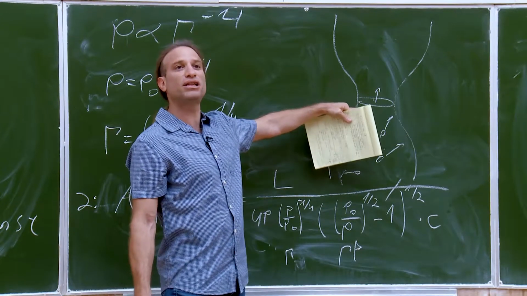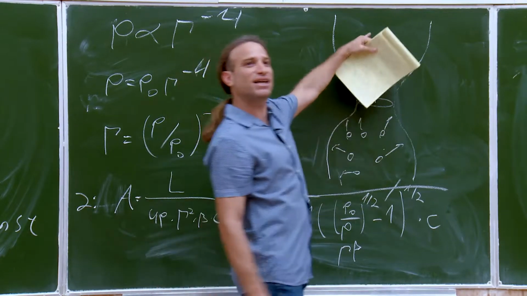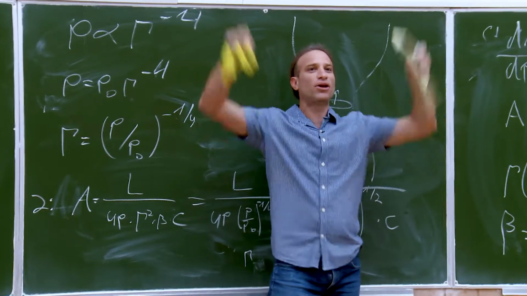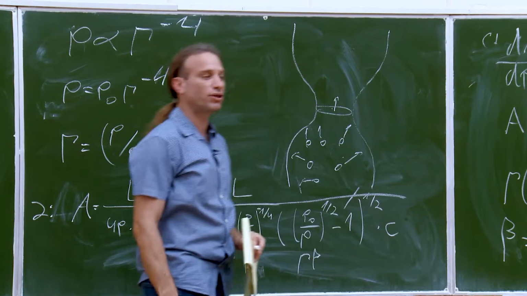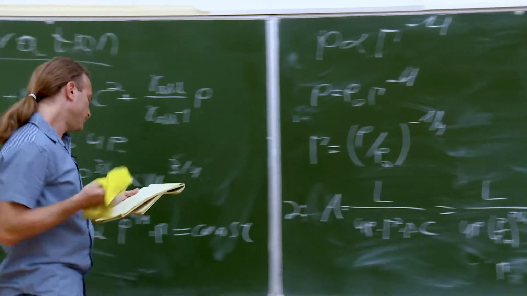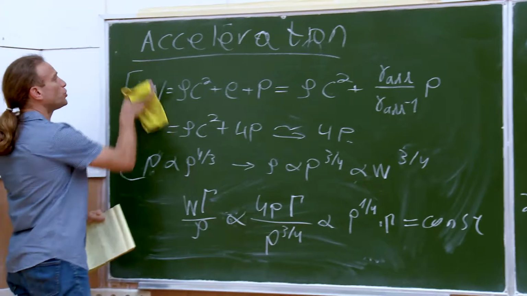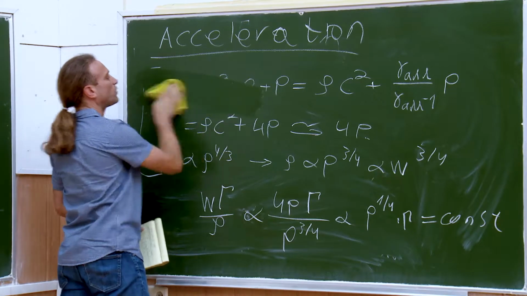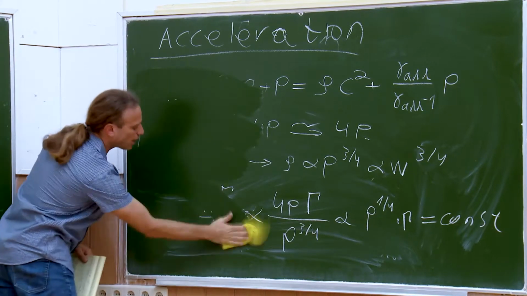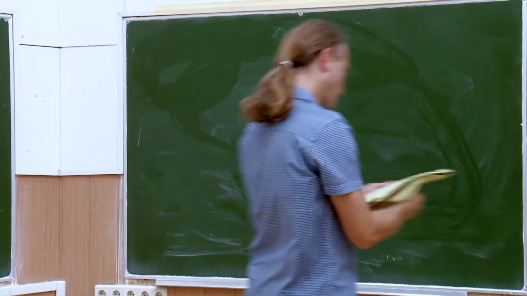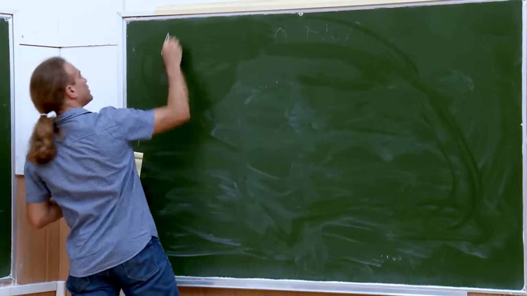This is the first time it was shown that jets can accelerate by changing their opening angle, by changing the cross section. So now let's shift and stop talking about hydrodynamic jets, and see how magnetic jets accelerate. So now we move to magnetic jets.